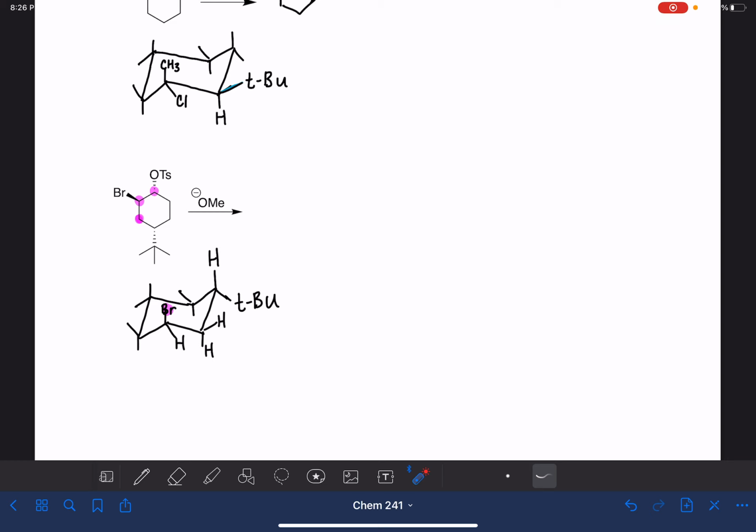If we continue to go clockwise, what's on the next carbon? Here we have the OTS group, which is in a wedge position, which is down in my interpretation. So that's going to be right there. And look, that's also good. We've got another leaving group in an axial position. So this is fantastic. And I'll go ahead and fill these guys in.